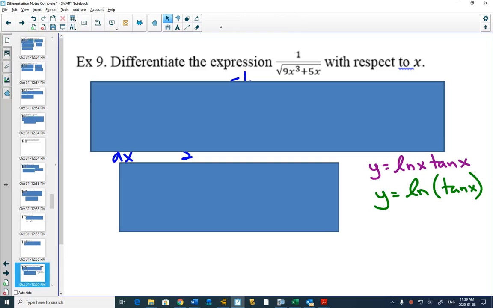And then think about what's different between those two. And what's different between this one?